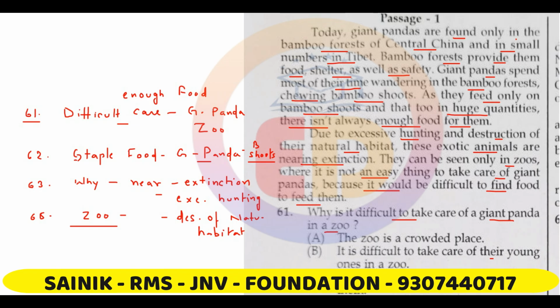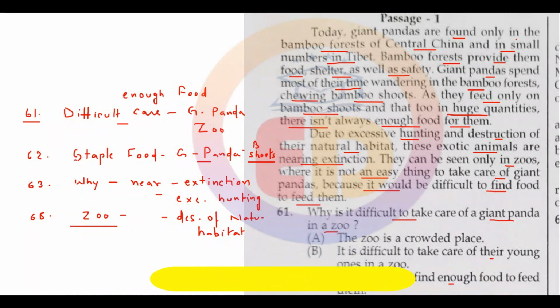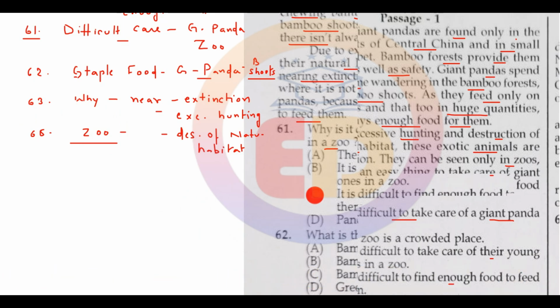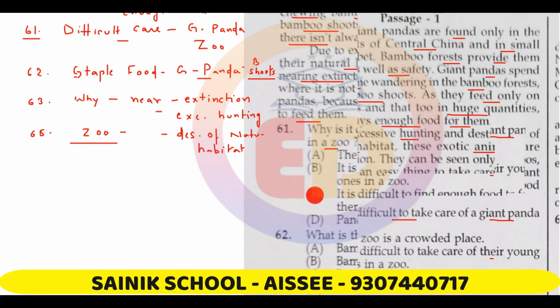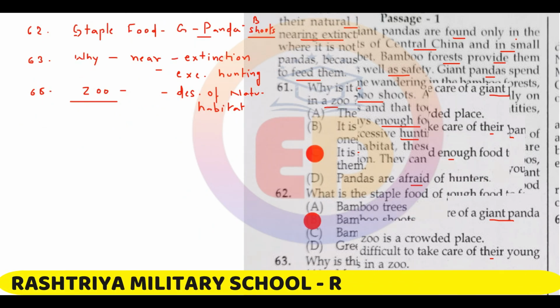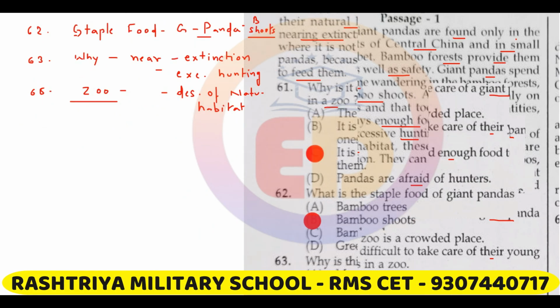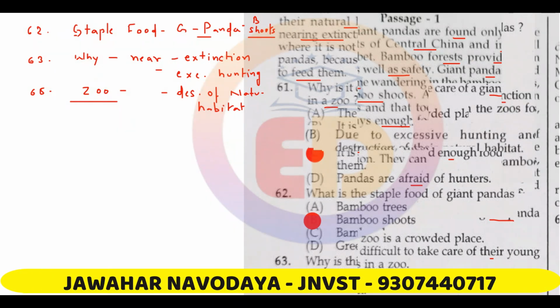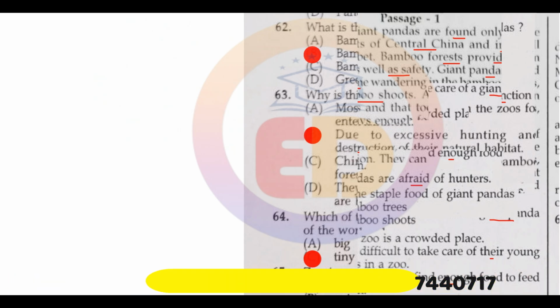Question number 61. Why is it difficult to take care? Answer is option C. It is difficult to find enough food to feed them. 62. So the staple food, bamboo shoots. Why is this exotic animal nearing extinction? Due to excessive hunting and destruction of their natural habitat.